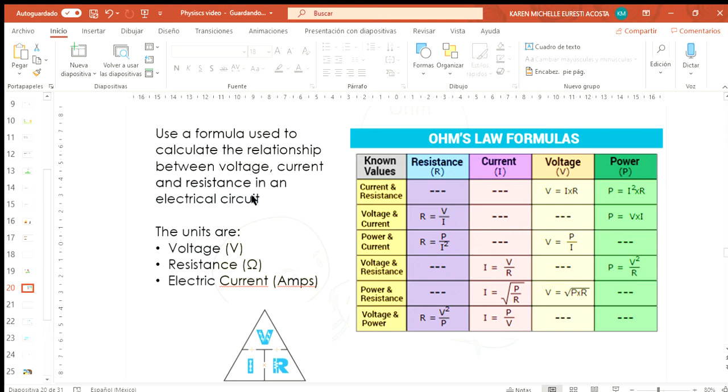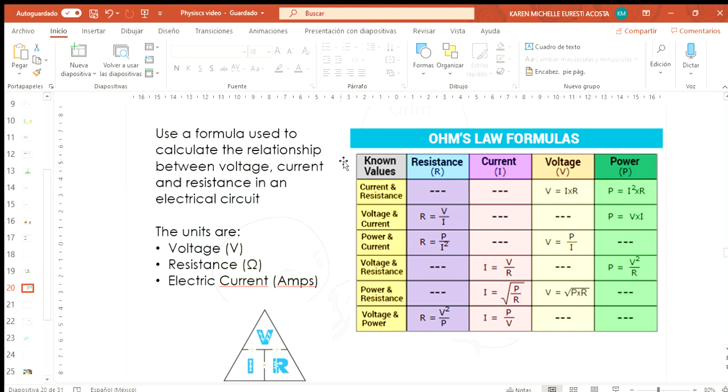Ohm's law is a formula used to calculate the relationship between voltage, current, and resistance in an electrical circuit. The units are: voltage is represented with a V, we can see it here. Resistance is with the omega letter, and electric current with amps. And here we have the electric current and resistance.